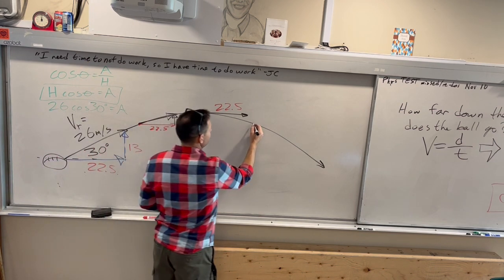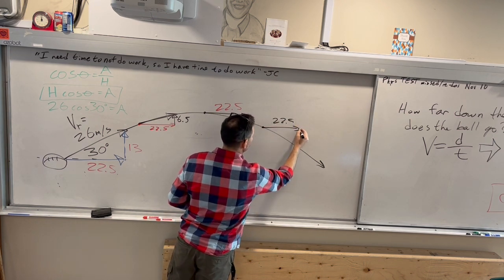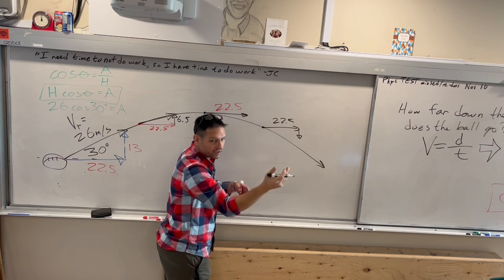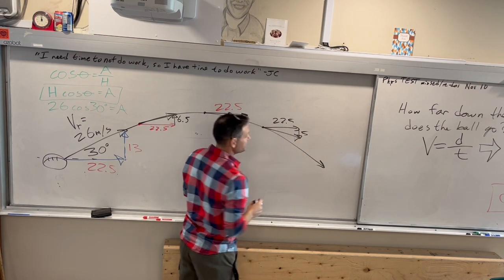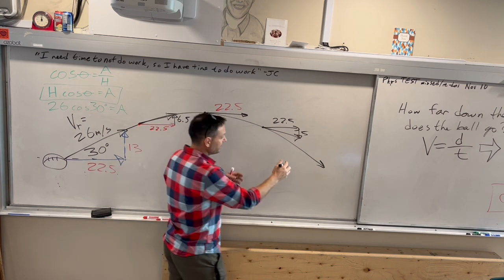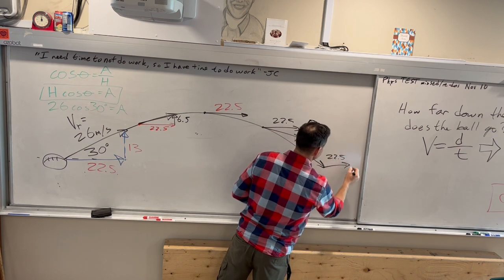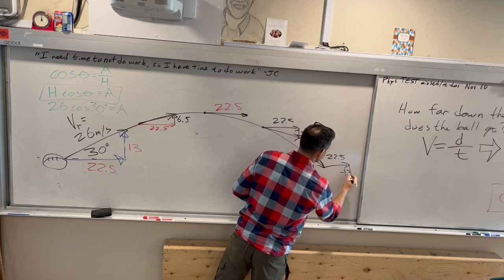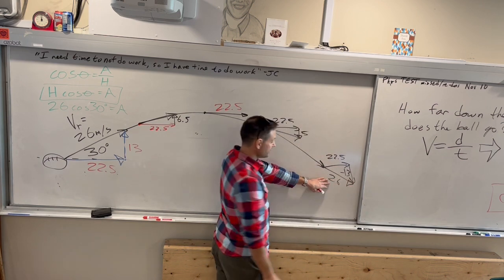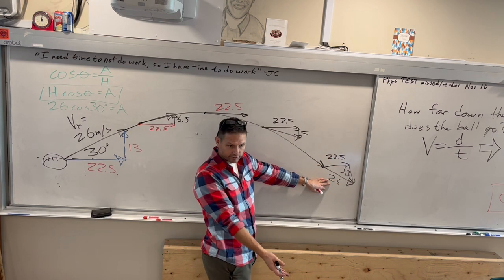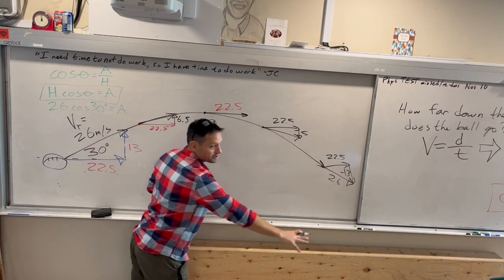On the way back down, you're still going to have the same 22.5, but this is going to be down 7 or 8 or whatever, and at the very end, you're still going to have 22.5, and this is going to be, as Soren says, negative 13, and that's going to be 26. You can't say this is negative 26 because it's on an angle, but it's the same because this is a mirror image.